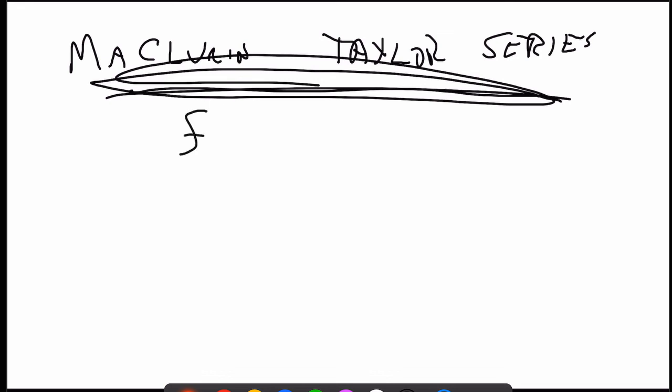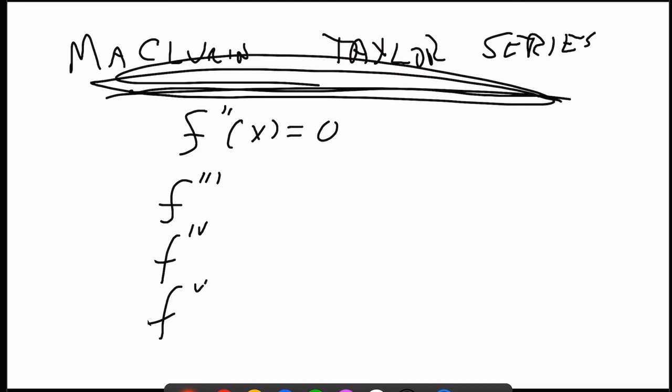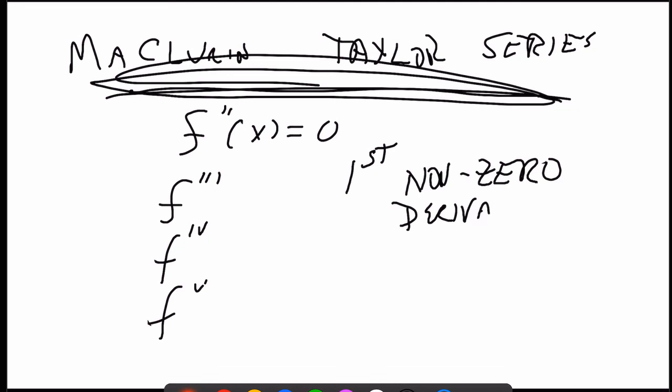If the second derivative is 0, we keep taking more. We'll take the third derivative and the fourth derivative and the fifth derivative, or however many derivatives. We find the first non-zero derivative. It could be the third, the fourth, the fifth, the sixth, the 12th, the 82nd. Assuming there is one, we search for that one.